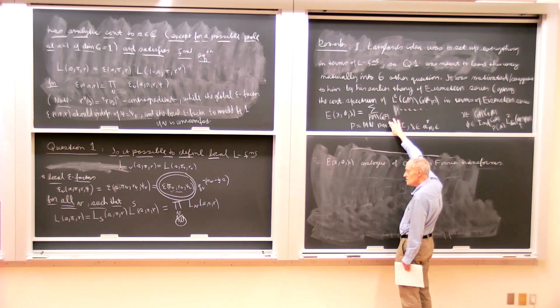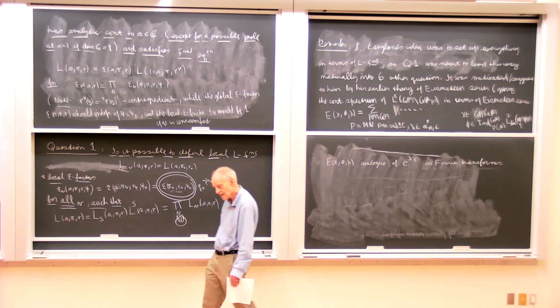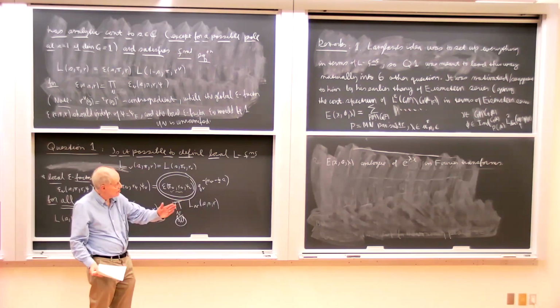this thing only converges in a right half plane, real part of lambda large. And so you're interested not in the real part of lambda being large, you're interested in purely imaginary values of lambda. So what Langlands had to do was to analytically continue this function of lambda. It converged in some right half plane.